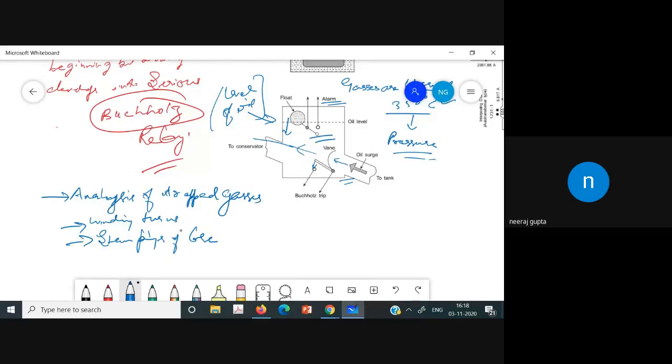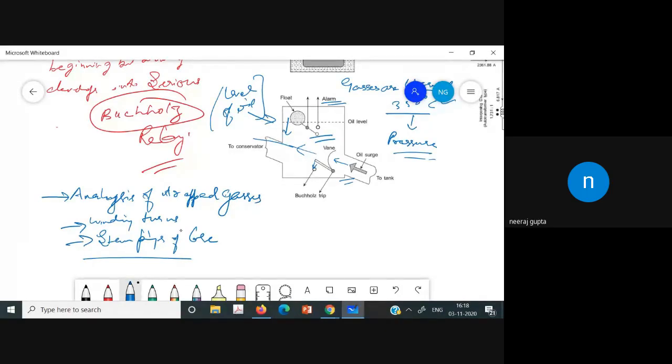They, and any other fault, will liberate different types of gases when they are heated due to the fault. So the presence of these gases is a signature of the particular type of damage that is taking place.